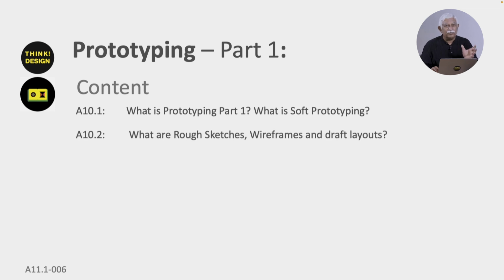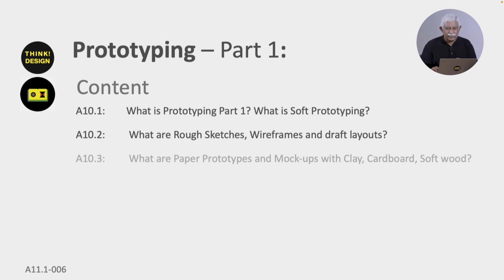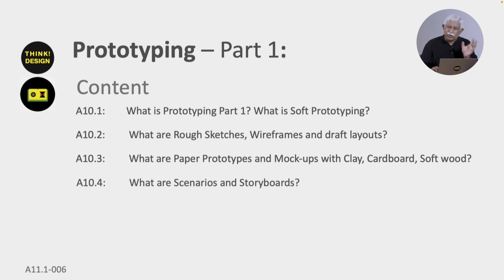We'll also look at what are rough sketches, wireframes, and draft layouts. Okay, so these are all different methods of actually making a representation of your concept. What are paper prototypes and mock-ups using clay, cardboard, foam, softwood? And what are scenarios and storyboards? And then further studies and references.